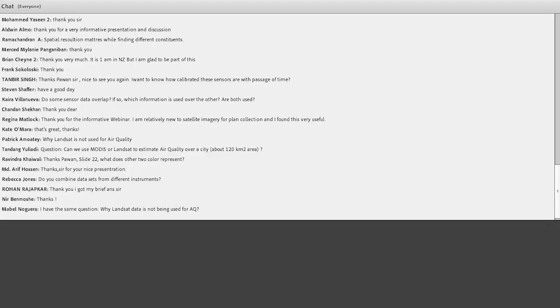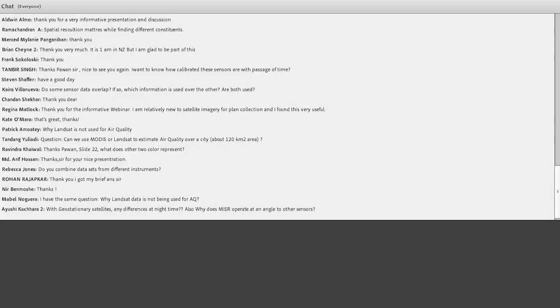Can we model different types of air pollution sources, like point sources and area sources, using sensors? We will talk about that in week 2 and week 3. Again, it depends on what kind of pollution or source we are talking about.